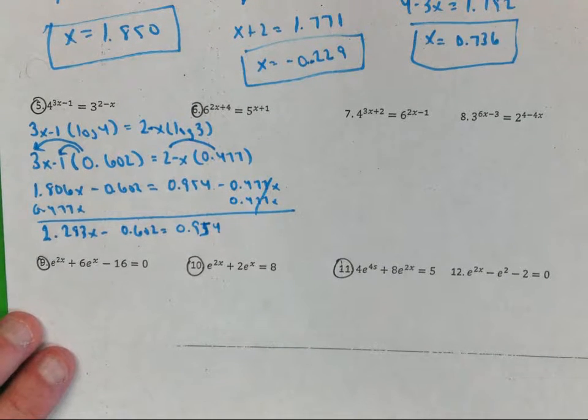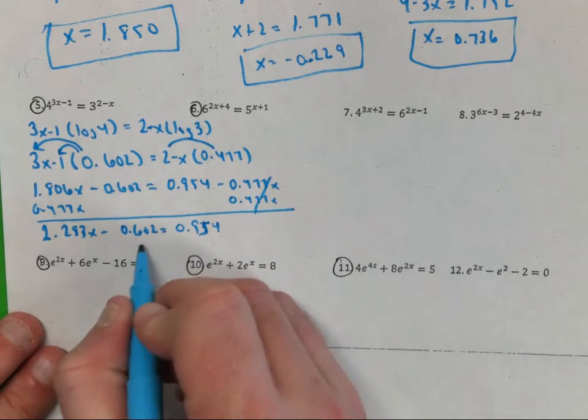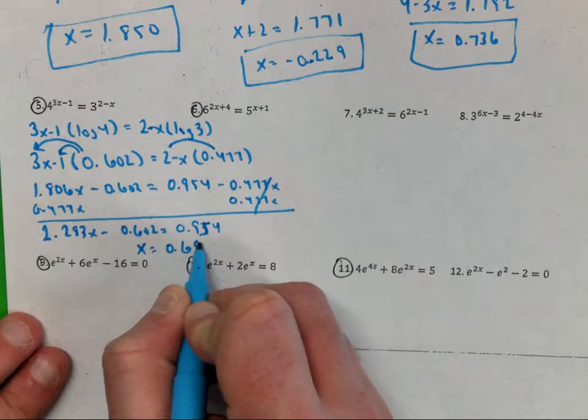And then you just do the algebra, solve the equation, move that over. Then divide by that 2.283. x equals 0.682.